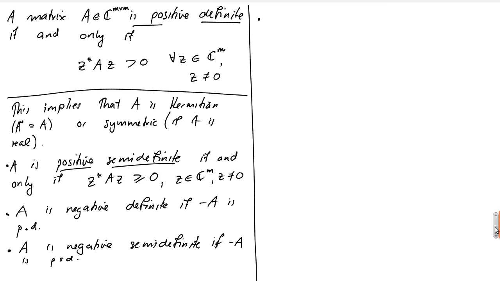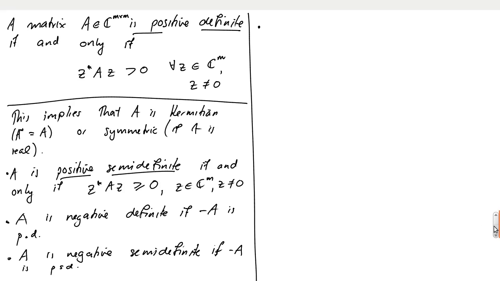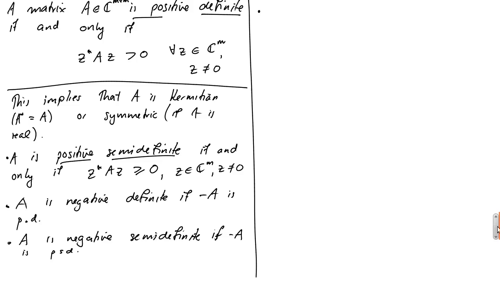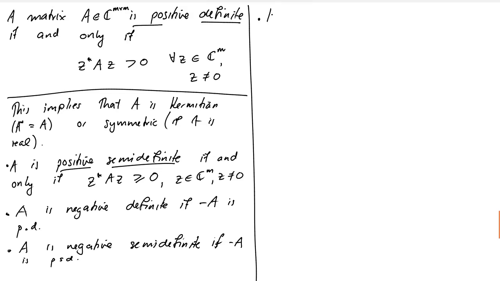Finally, if a matrix is none of these things, then we say that it is indefinite.